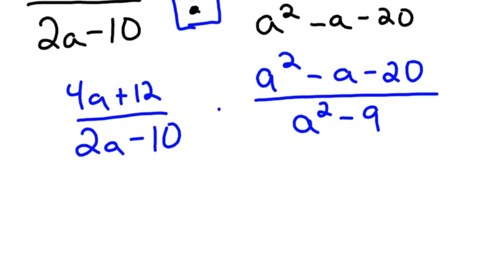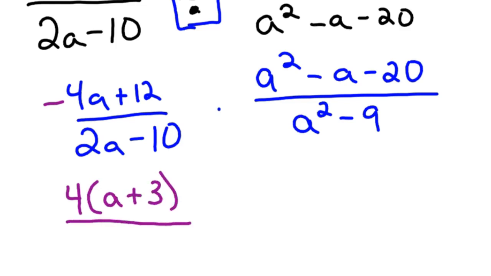Now, what you do is you factor each piece separately. So the 4a plus 12, if you notice, you could take a 4 out of that, and you're left with a plus 3. On this bottom here, you could take a 2 out of that. If you take a 2 out, you'd have a minus 5 times.